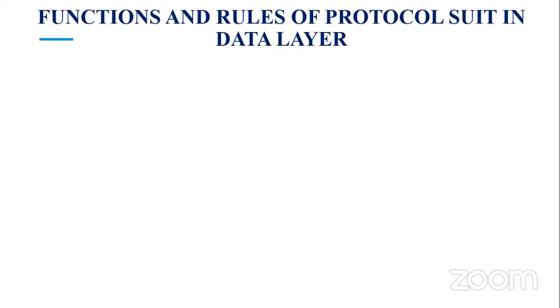So can someone tell what is the role of the physical layer? What did you understand? It's not that much difficult, it's easy only. Whatever you understood: it is moving individual bits from one node to the next.